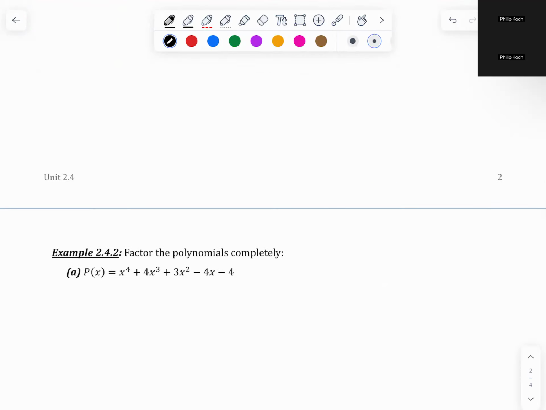So P of x is equal to x to the 4th plus 4x cubed plus 3x squared minus 4x minus 4. Luckily for this one, the factors of a sub n are just 1. And the factors of a sub 0 are 1, 2, and 4.